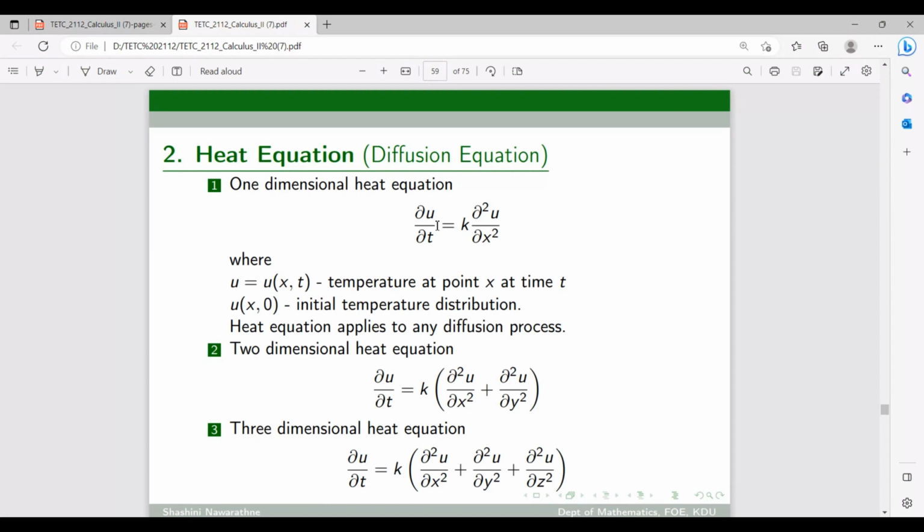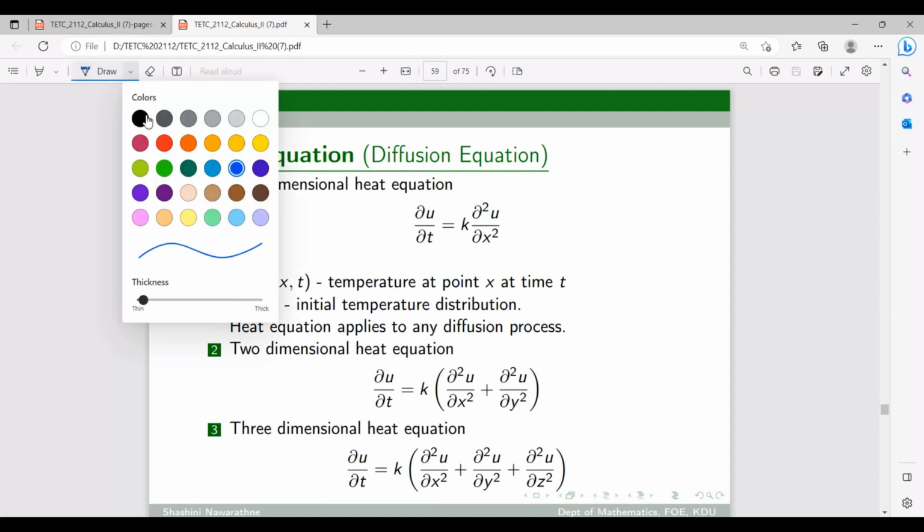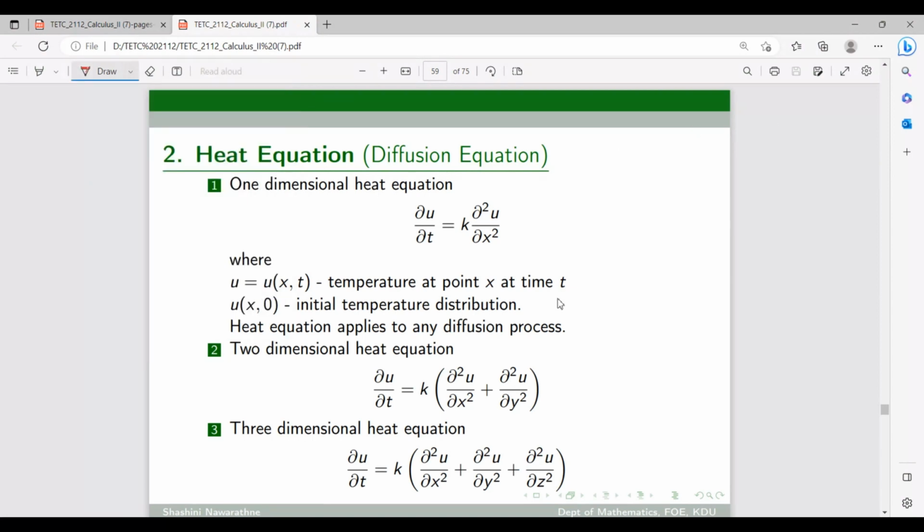Since this temperature varies with x and t, we can write u as a function of x and t. Here x is some position and t is the time. So u(x, t) means the temperature at a position x at time t.